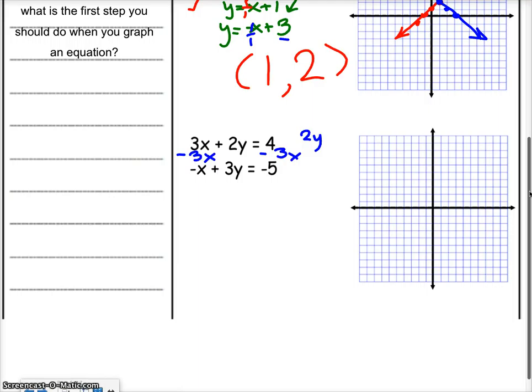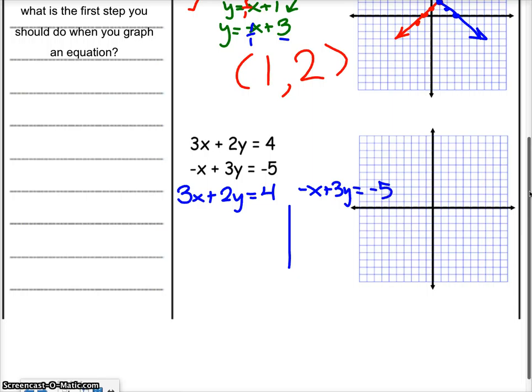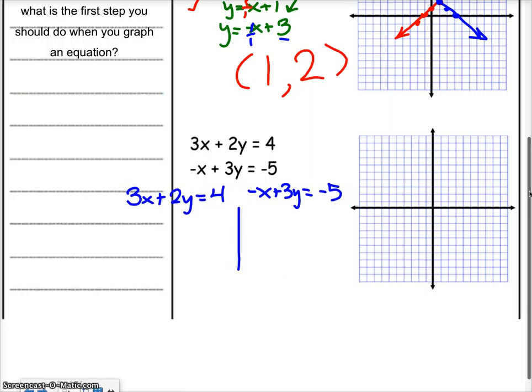I need room. Okay, I'm going to make a t-chart. Do you have any idea why I did that? I did that because I needed room to get y alone. Okay, you will not have to get y alone today.